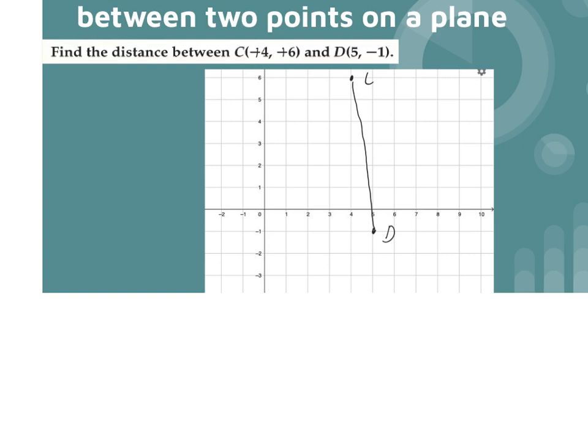So we have C, which is equal to x1, y1, 4, 6. And we have D, which is equal to x2, y2.